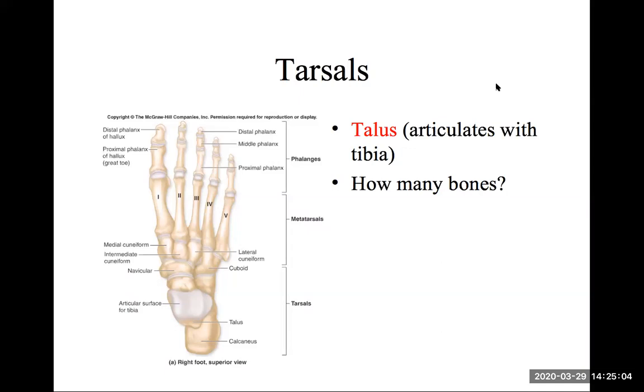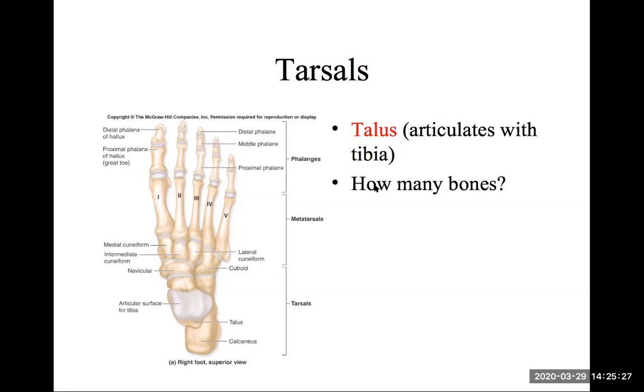Now let's move on to the tarsals. How many tarsal bones are there? Well, there's only 7. It's a little different from the carpals, which have 8. And this one right here, we're looking at a right foot from a superior view. This one right here is called the talus, and it is going to make an articulation with the tibia.